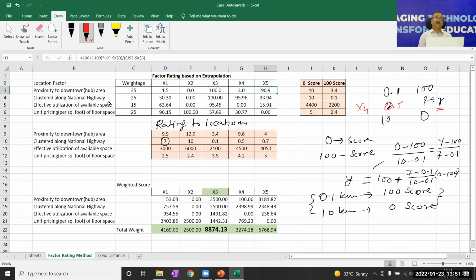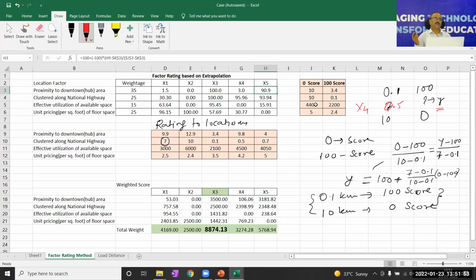If we take the mean value of it, that is 2200, we can say that 2200 gets a score of 100. And what will be the score of 0? It drops linearly.